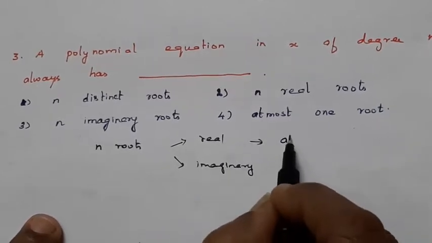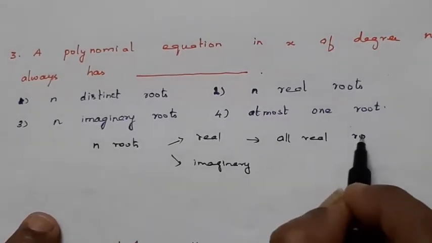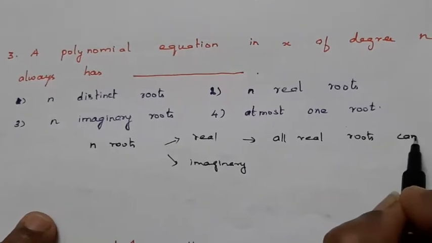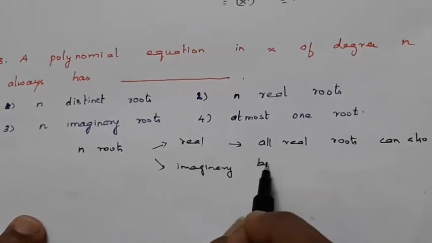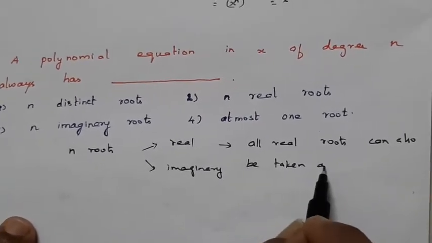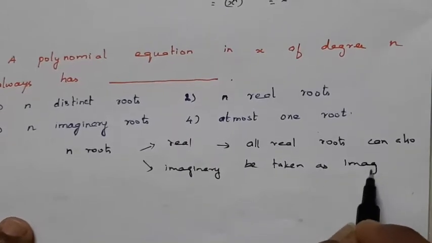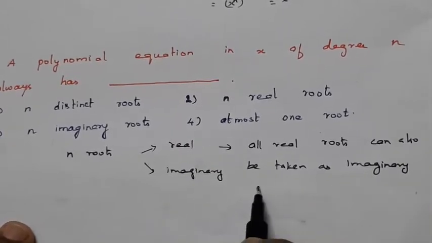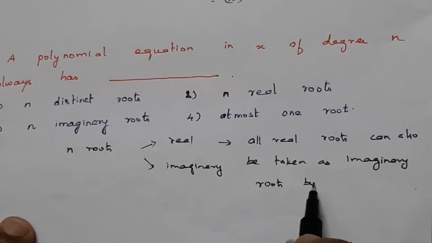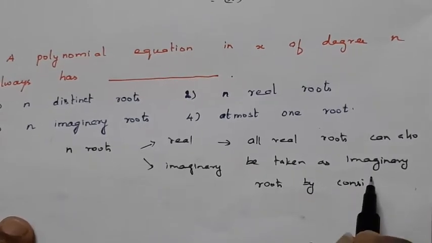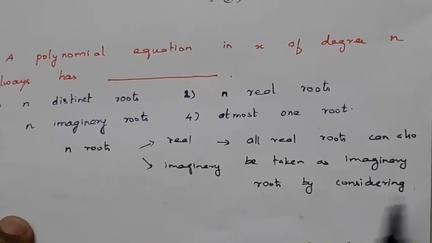0. So all real roots can also be taken as imaginary roots by considering the imaginary part as 0.